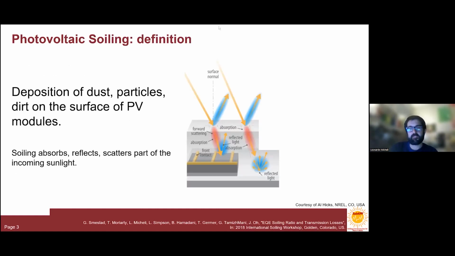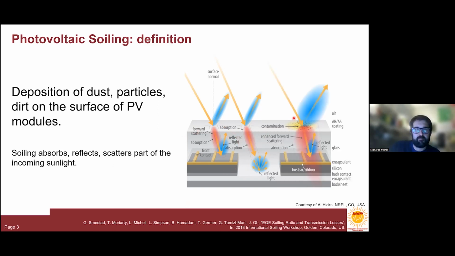Very quickly, as Greg said, when we talk about soiling, we mean the deposition of dust particles and other substances on the surfaces of photovoltaic modules, PV modules. Concentrating solar power also experiences soiling, but I'm going to focus mainly on photovoltaics. So what happens when we have soiling on top of photovoltaic glass?